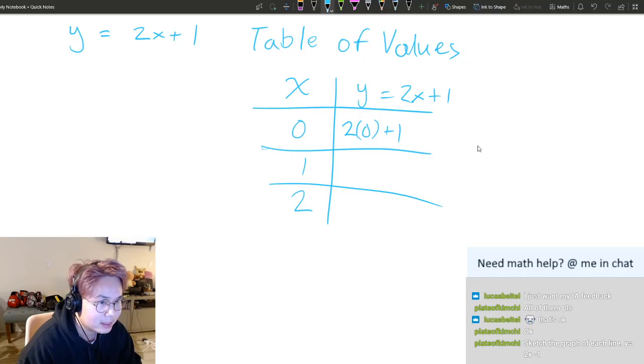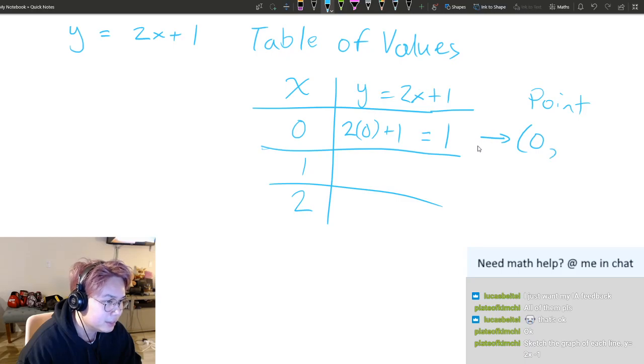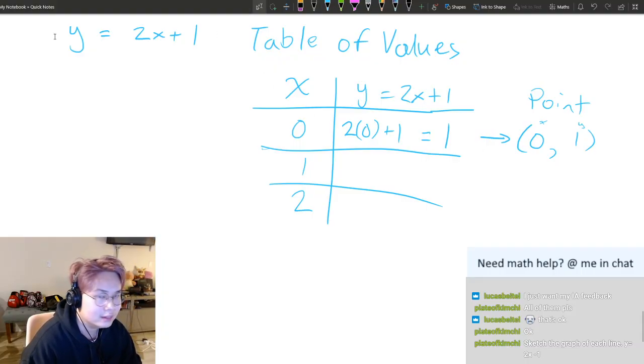You do the math, and this gives you 1. So that means that there is a point of 0 and 1, because this is the x value, and this is the y value, on the line. The equation for this line is this, and then we use the equation to get this point.